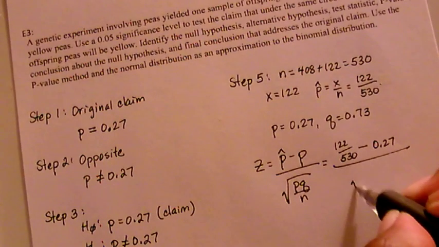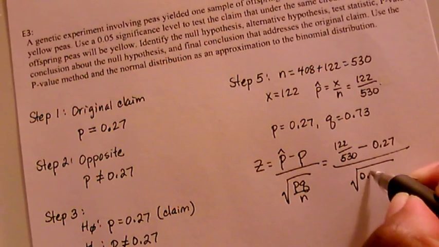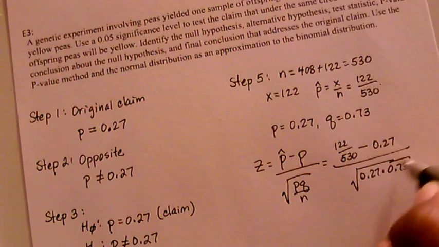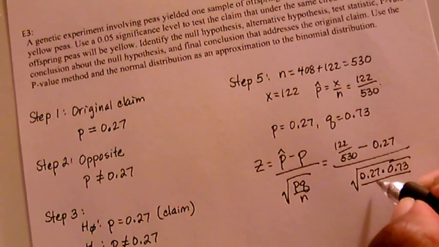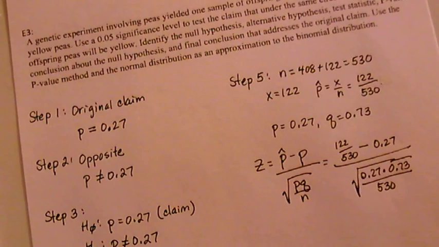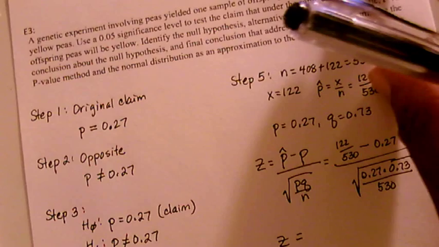That's divided by the square root of P, again that's 0.27, times Q, that's 0.73. All that's over N, which is 530. And all of this is underneath the radical.